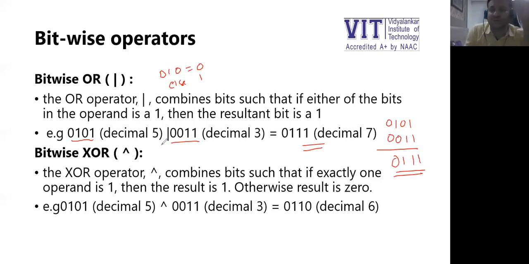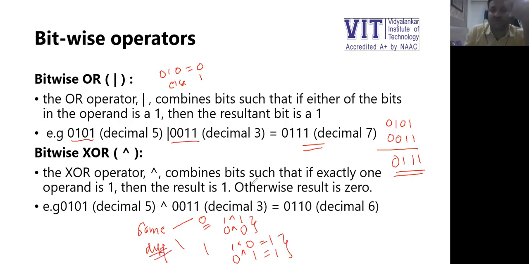When it comes to bitwise XOR, if both the operands are the same bit, then 0. When I say same, I mean 1 XOR 1 or 0 XOR 0. In both cases, it will give me 0. If they are different, then the answer is 1. That means 1 XOR 0 is 1, and 0 XOR 1 is 1.